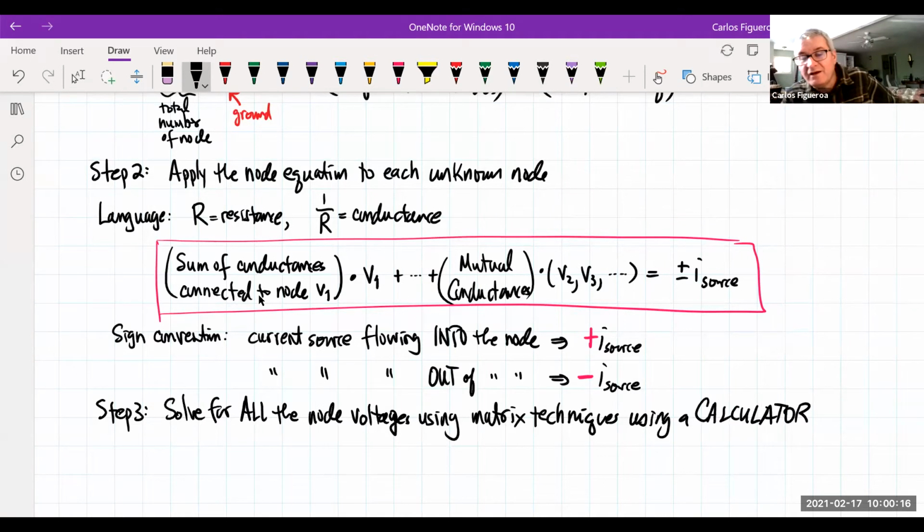So if you have a calculator that does matrix techniques, you should use it. Since we're online, there's probably other online calculators. If we were in a classroom, you'd have to get a calculator.